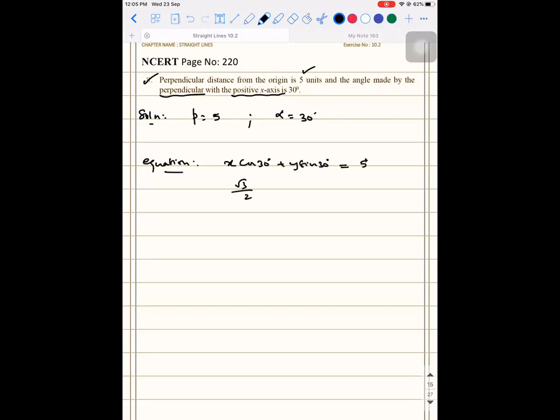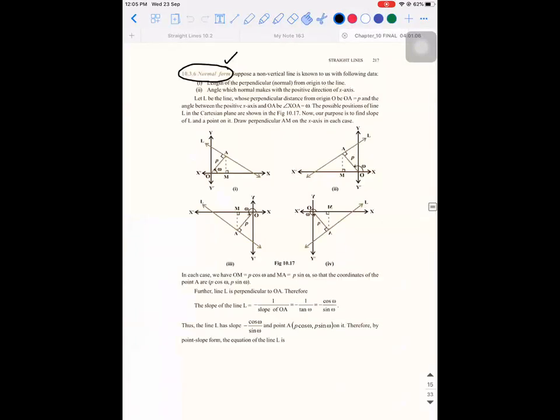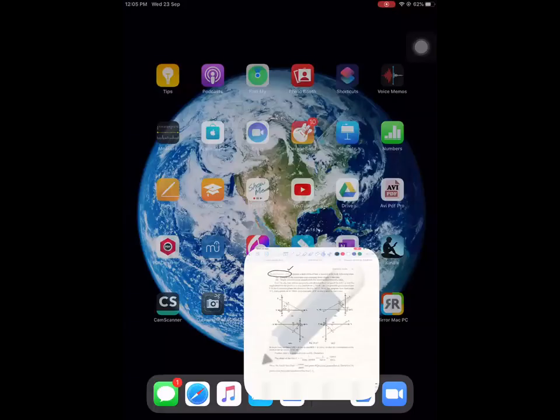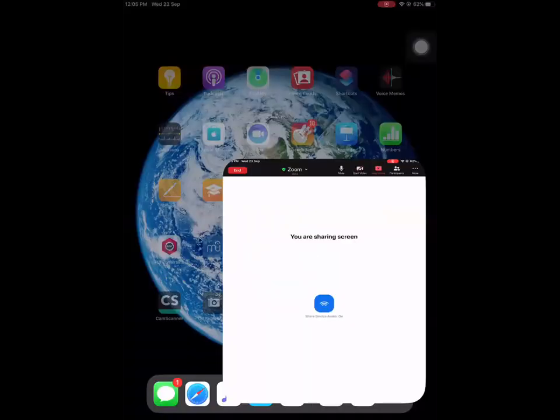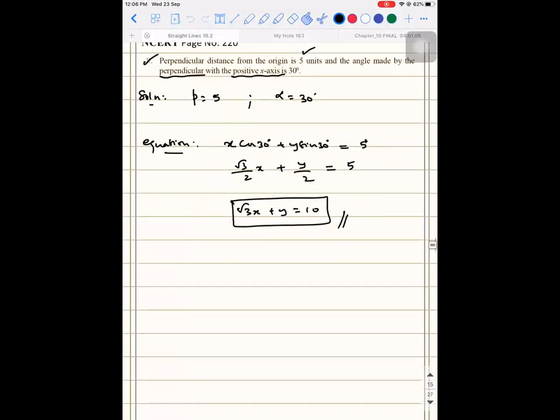Cos 30 is root 3 by 2, so root 3 by 2 x plus y by 2 is equal to 5. So root 3 x plus y is equal to 10.